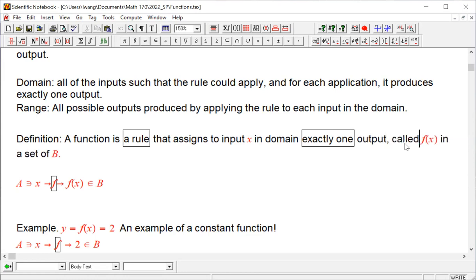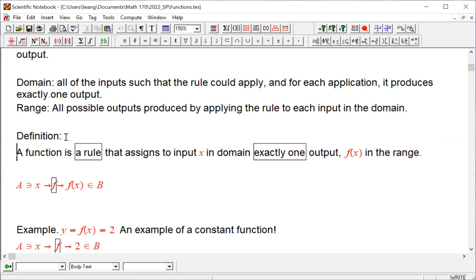We call it f of x. And where would it be? In the range. So now the definition of function is written like that.